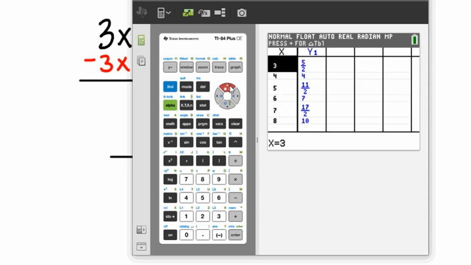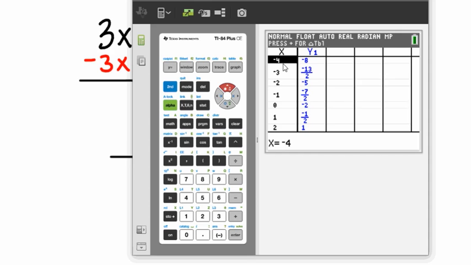Looking at our table of values, it looks like there's quite a few nice and easy clean points that we can graph. For example, negative 4 and negative 8 is an easy point to plot. But this one, negative 3 and negative 13 over 2, might be a little bit tricky. So we're going to skip over that. Let's put these tables on our paper and plot the points.